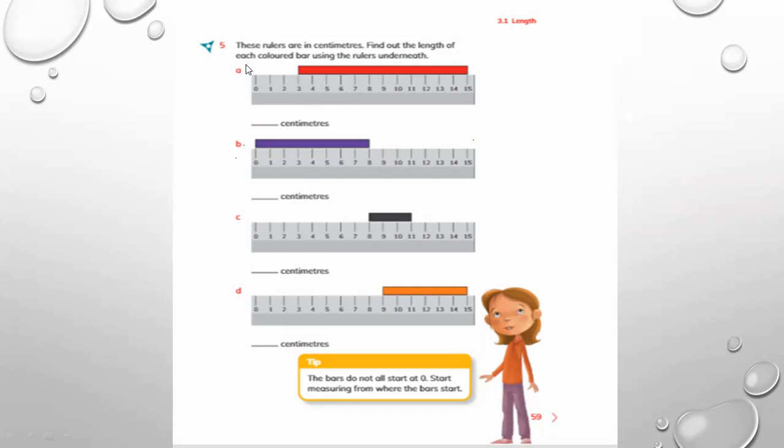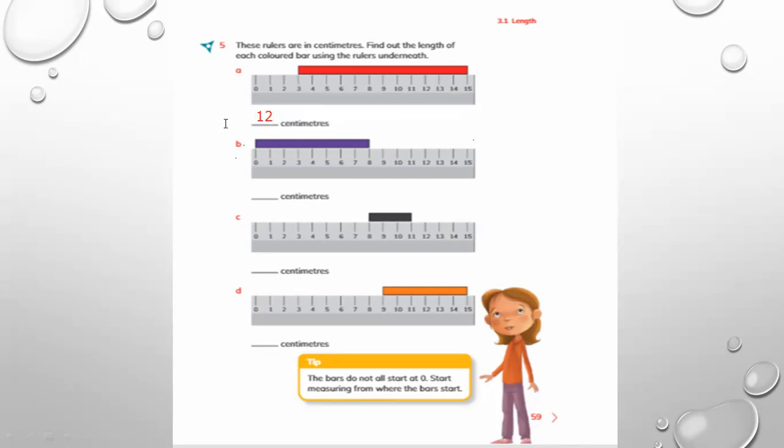In the start of the lesson, I told you people that when we are counting with the ruler, we have to start with the 0. So let's find out how many centimeters long this line is. 1, 2, 3, 4, 5, 6, 7, 8, 9, 10, 11, 12. So we have 12 centimeters long.